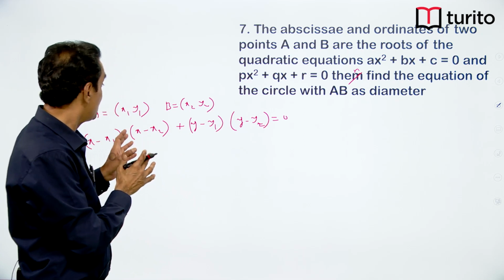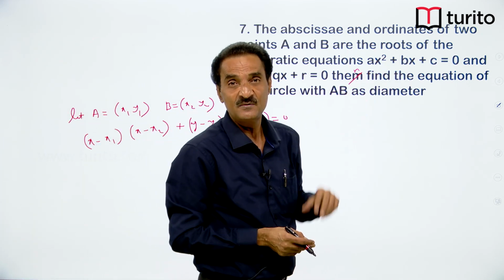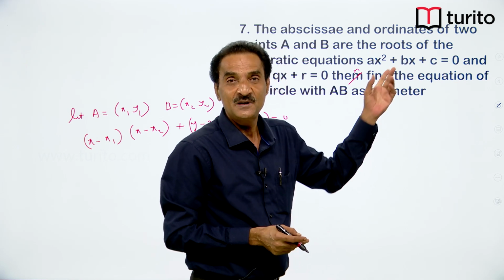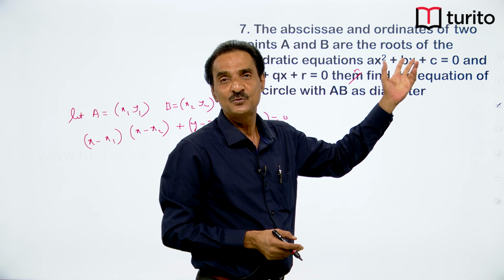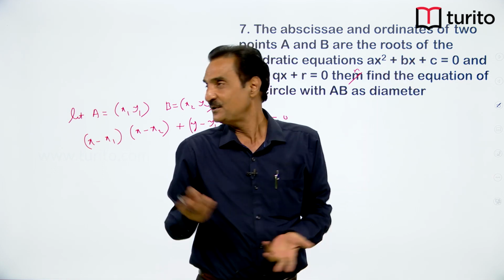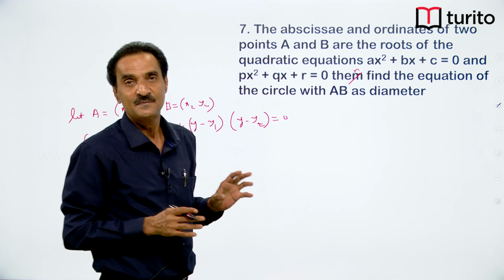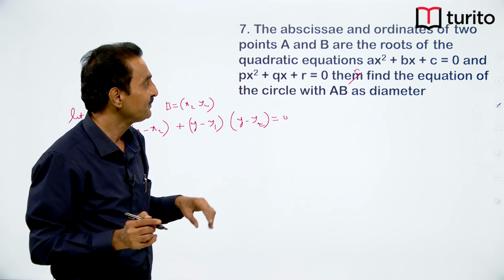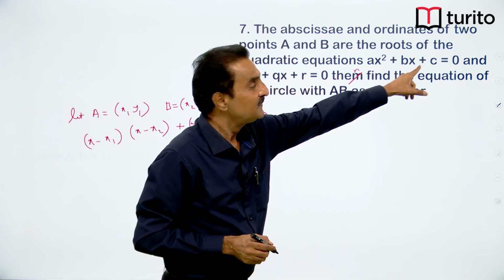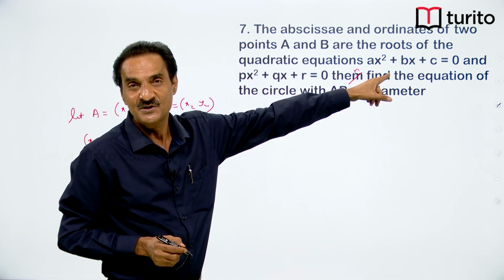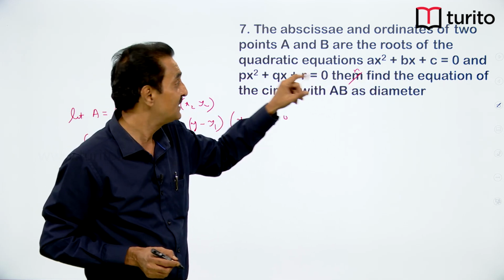But do we need to calculate x1 and x2 by writing the roots of the equation? The roots of the equation are minus b plus or minus root over b square minus 4ac by 2a. It is not possible to substitute here. So, the idea behind the question is not finding the roots. Here x1 and x2 are the roots of the first quadratic equation. y1 and y2 are the roots of the second quadratic equation.